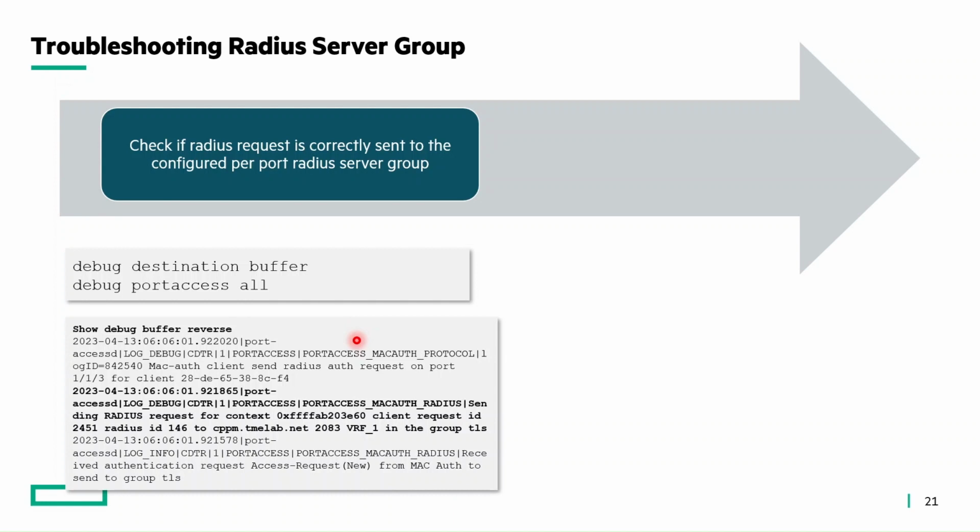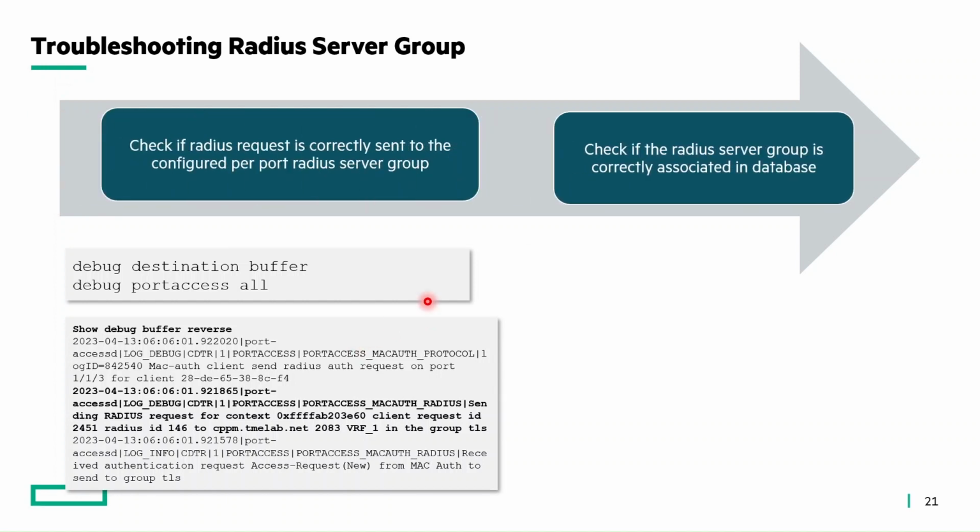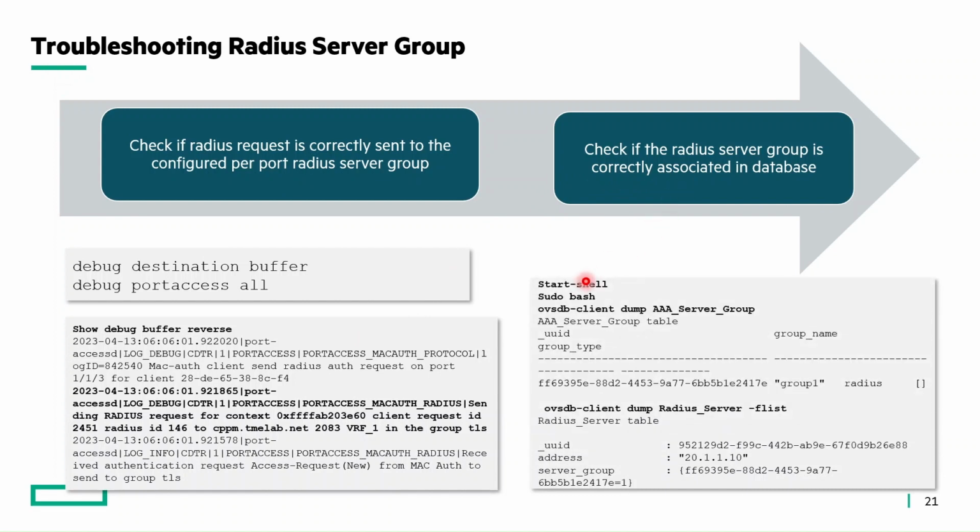Even though the configurations are correct in the CLI, if we are still not getting the request to the correct server, the next step would be to check the database. Here is the dump of the AAA server group assignment. Here I will first identify the UID of the group.